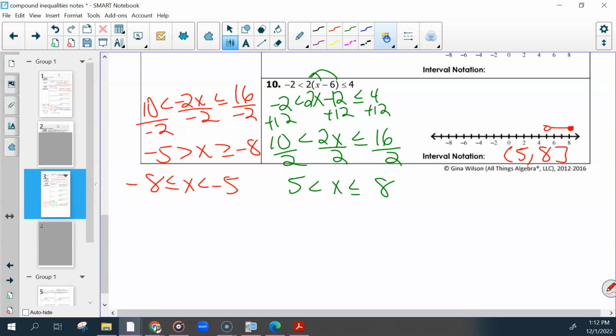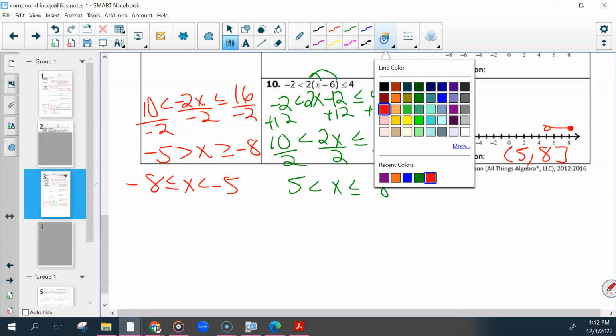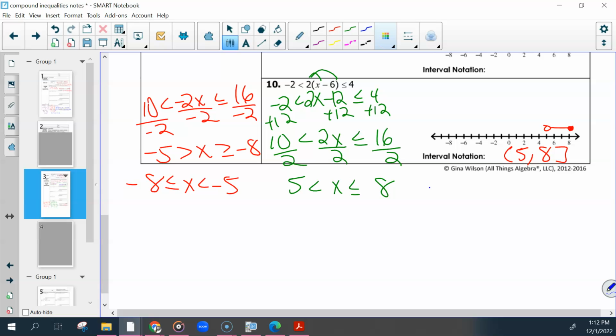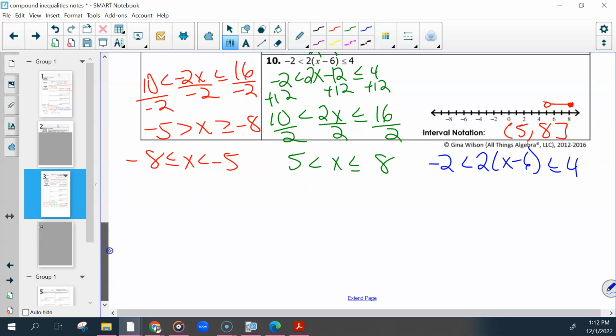The other way you could do this, so write this where you have space. You don't rewrite it. It's just like the problem with the 3 and the 15. I could divide all of these by 2 because they're all divisible by 2.